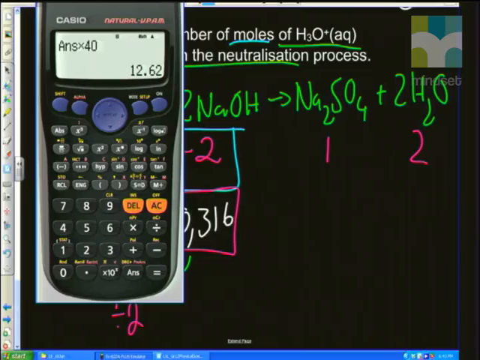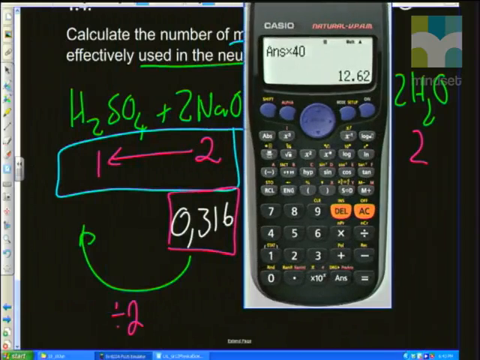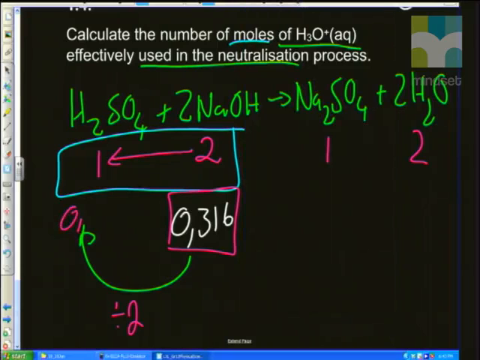So let me pick that up. 0.316 divided by 2 gives me the number of moles of the sulfuric acid that I need: 0.158.